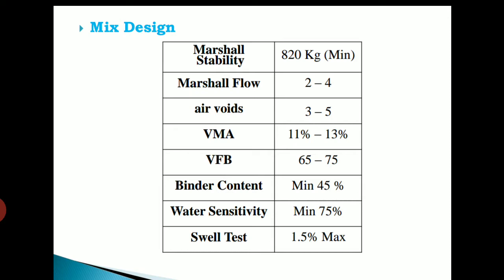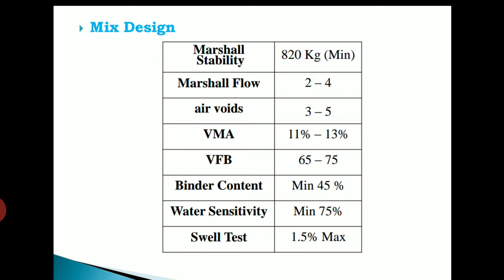The Marshall stability should be a minimum of 800 kg, Marshall flow 2 to 4, air voids 3 to 5%, VMA and VFB 11 to 13% and 65 to 75% respectively, binder content minimum 4.5%, water sensitivity minimum 75%, and swell test maximum 1.5%. After conducting the Marshall stability test, we come to know these results.